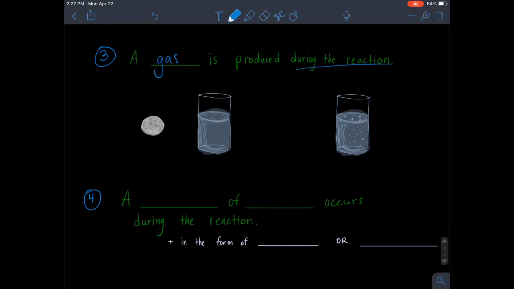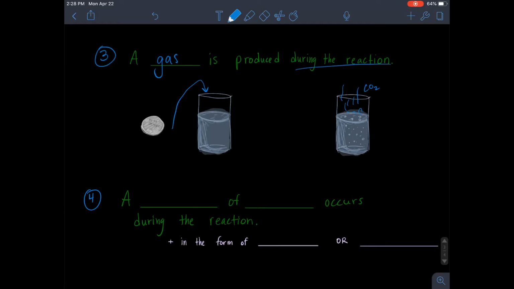So if we add an Alka-Seltzer tablet into some nice H2O, we end up with water that has a bunch of gas that's released because the water reacts with the Alka-Seltzer and causes the release of CO2, which bubbles up and pops and is released from the water. So a gas is produced during this reaction. And this is an example.